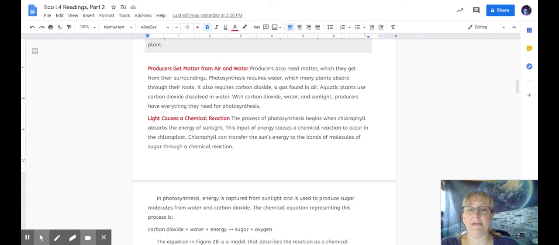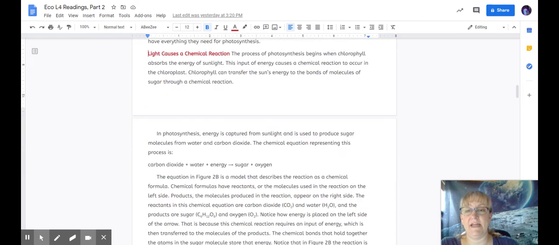Light causes a chemical reaction. The process of photosynthesis begins when chlorophyll absorbs the energy of sunlight. This input of energy causes a chemical reaction to occur in the chloroplast. Chlorophyll can transfer the sun's energy to the bonds of molecules of sugar through a chemical reaction.